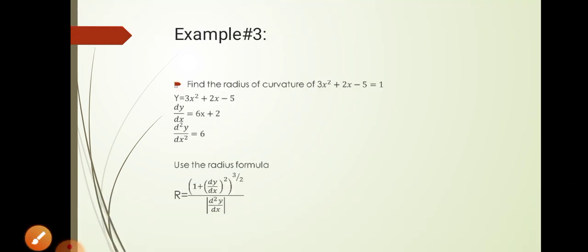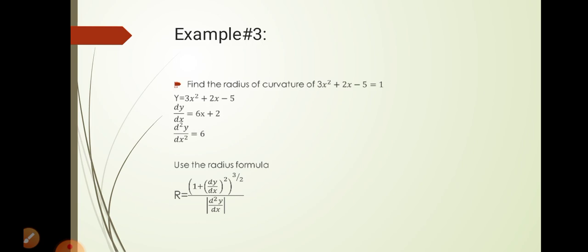So for example number 3, find the radius of curvature of y is equal to 3x squared plus 2x minus 5 at x equals 1. Here dy over dx is equal to 6x plus 2, and d squared y over dx squared is equal to 6.